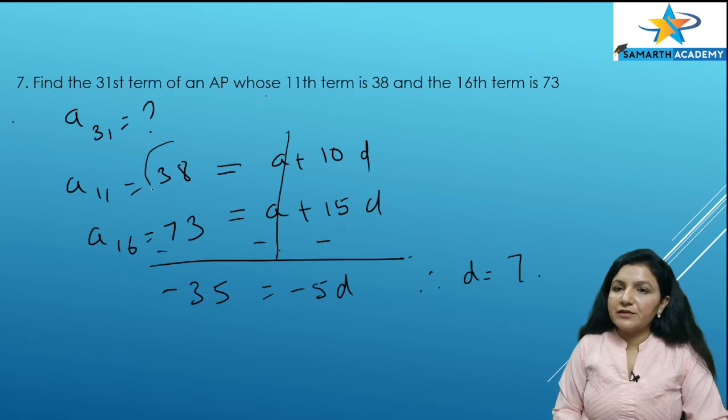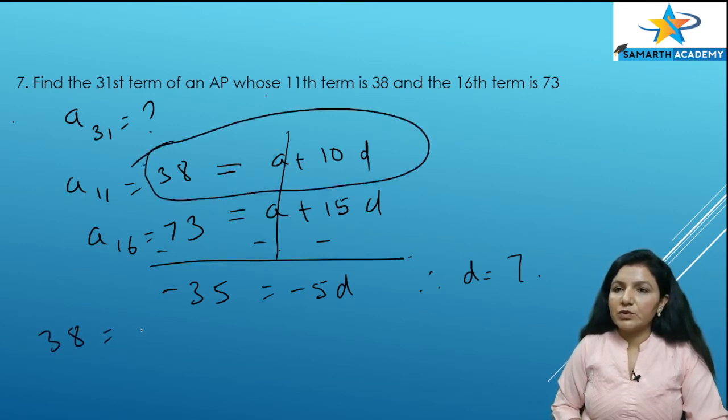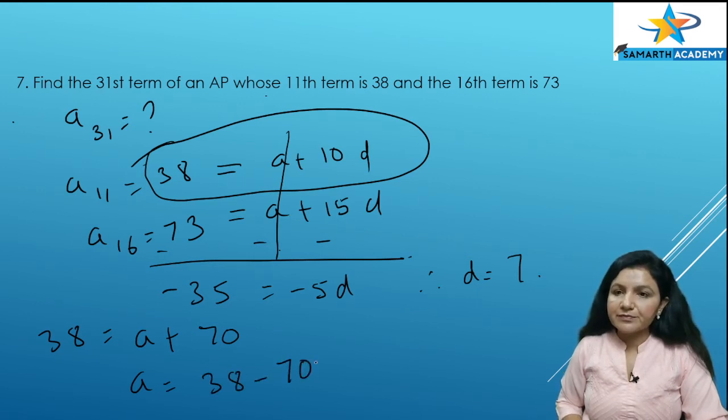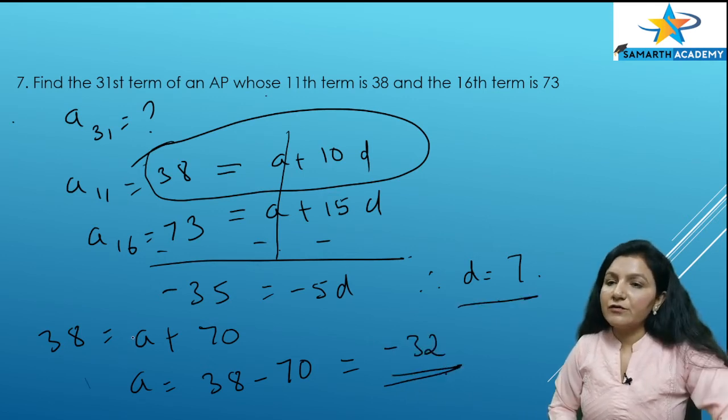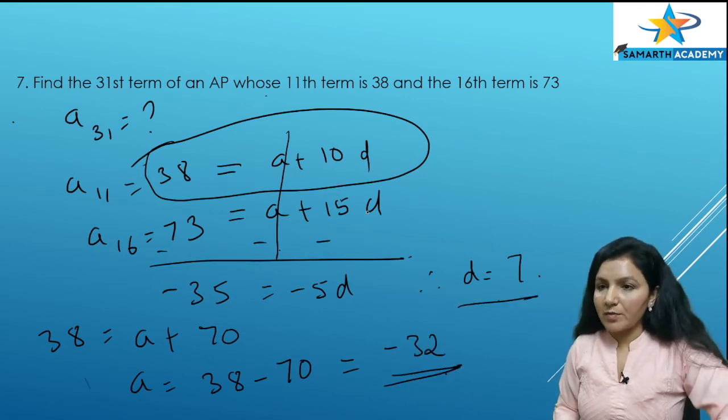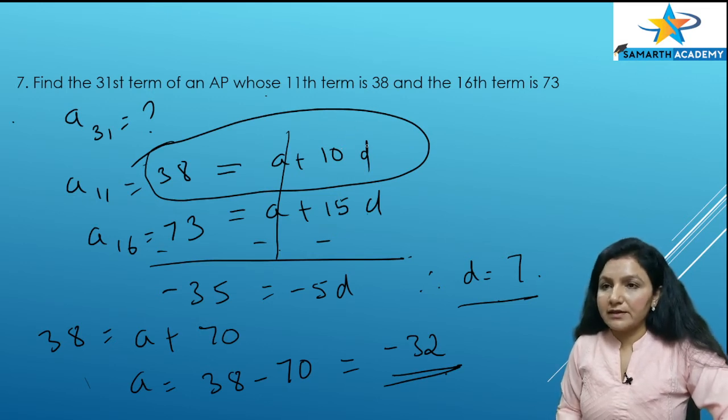Substitute in any of the given equations. Here I can take this one. So 38 is equal to A plus 10 into D, that is 70. So A is equal to 38 minus 70, which is minus 32. Now we found the first term and the common difference. Now we'll find the 31st term.